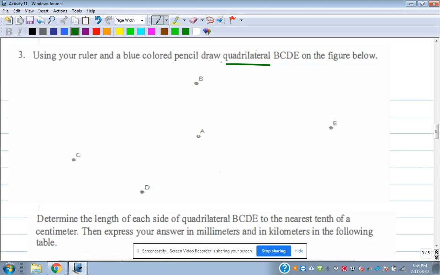That's all it means. So I'm just going to use, and if you don't have your blue color pencil, that's okay. Pick a different color. Don't be too picky on the practice here. But when you go to your homework, make sure you kind of try to follow those.